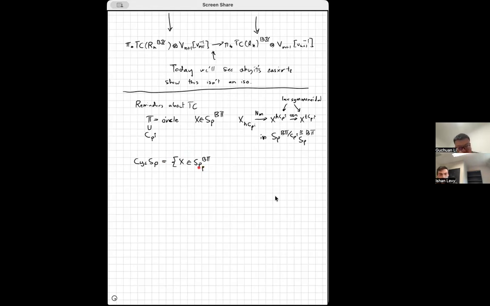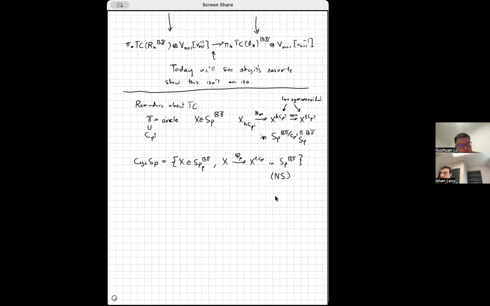It comes with a circle equivariant Frobenius map from X to its Tate construction, viewed as a circle equivariant spectrum as above. So this is a map in circle equivariant spectra.